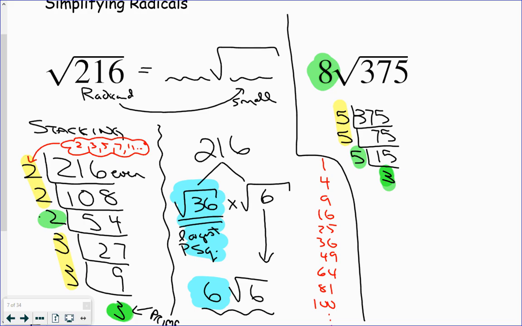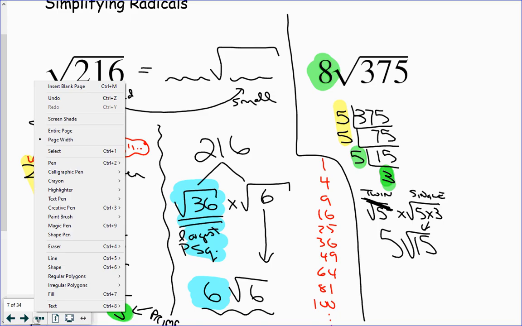So the twins go into a house. The singles get put together. So for the twins, the square and square root cancel out. And these stay trapped inside.